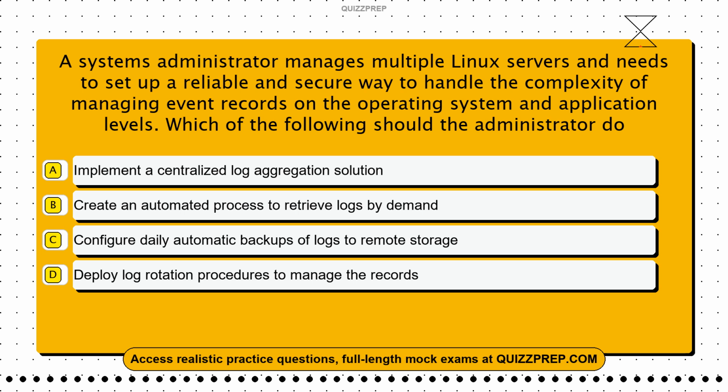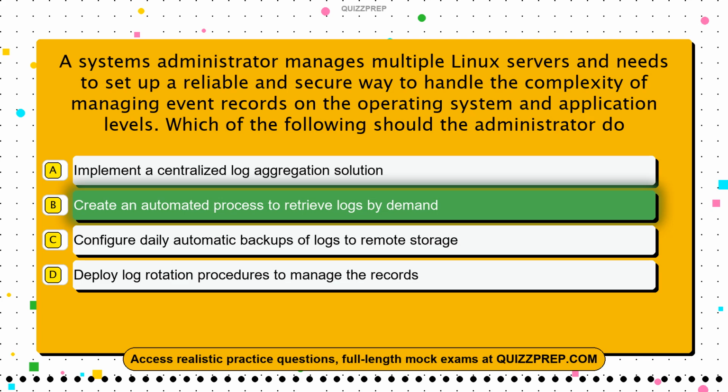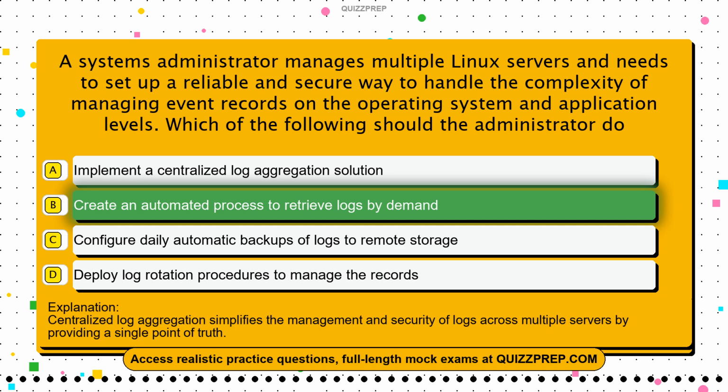Option D. Deploy log rotation procedures to manage the records. The correct answer is option B. Create an automated process to retrieve logs by demand. Centralized log aggregation simplifies the management and security of logs across multiple servers by providing a single point of truth.